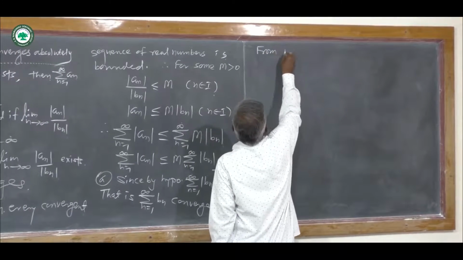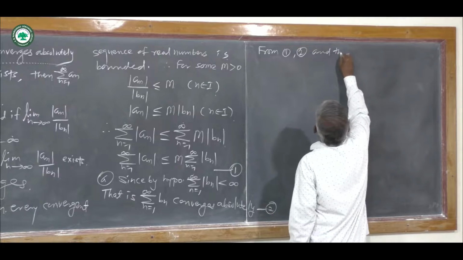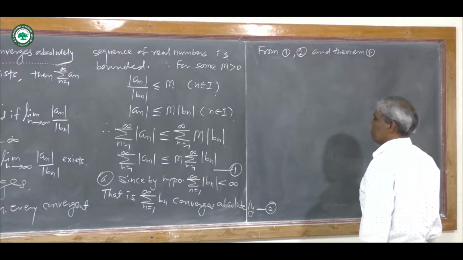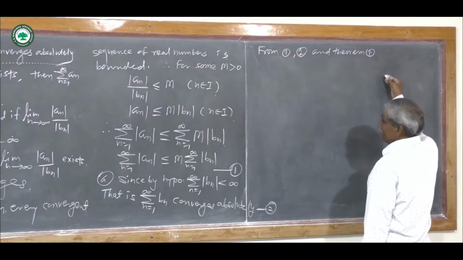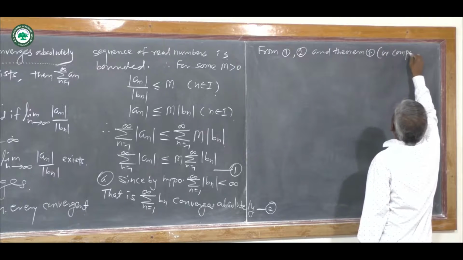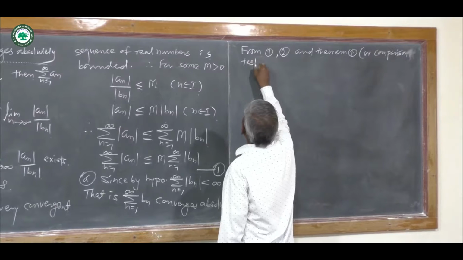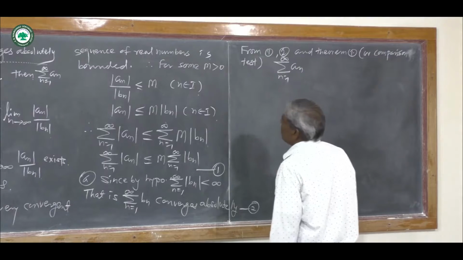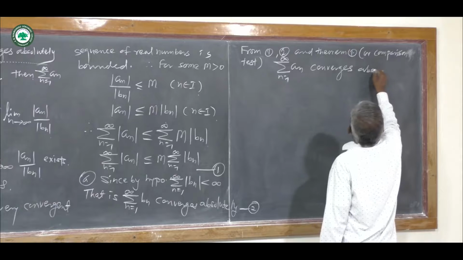That is, sigma an, n equal to 1 to infinity, converges absolutely.